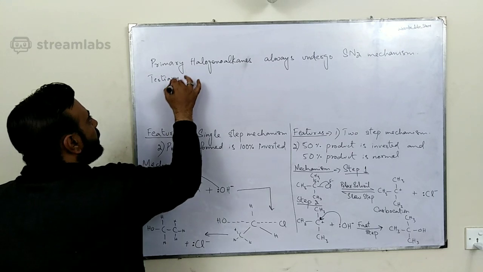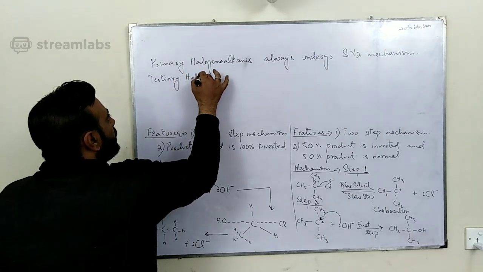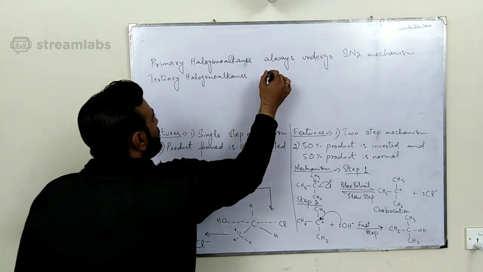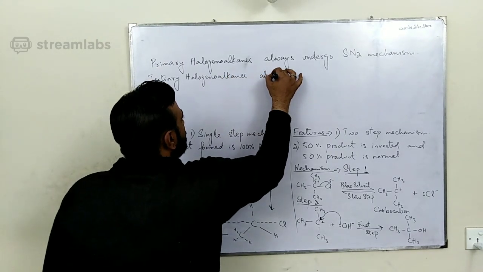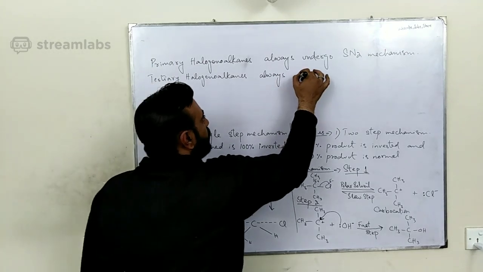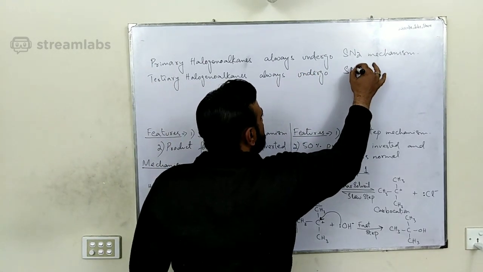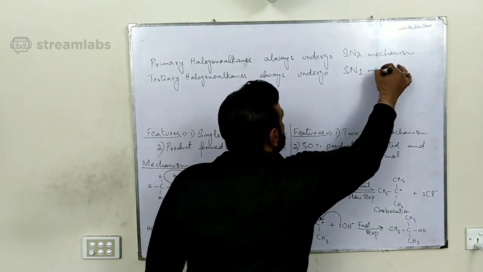Tertiary halogenoalkanes always undergo the SN1 mechanism.